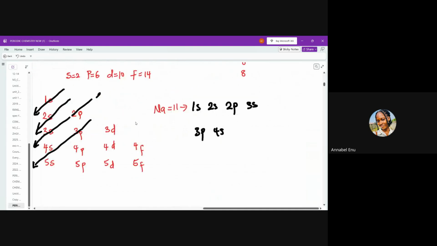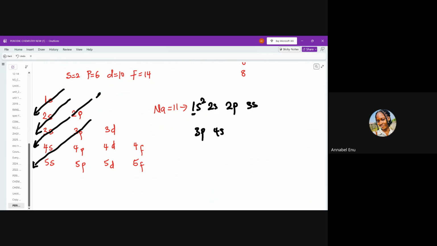Okay, now to draw the electronic configuration, this number here is not what is telling you the electrons. Okay, that's the energy level. Now the s there is telling you the subshell, right? Now the number of electrons is going to be the power that each of them is having. Remember we said s has a maximum of 2 electrons. So give the 2 to this s.